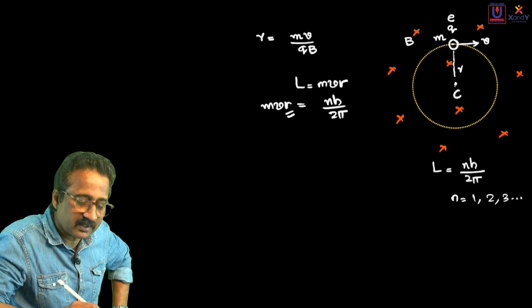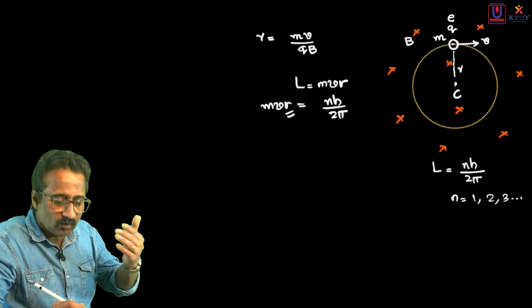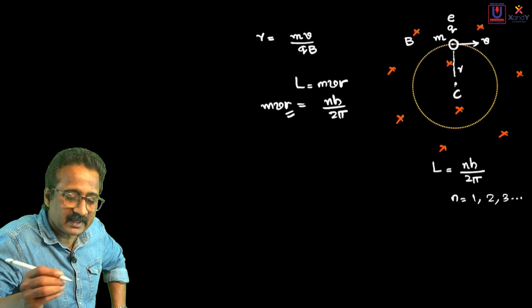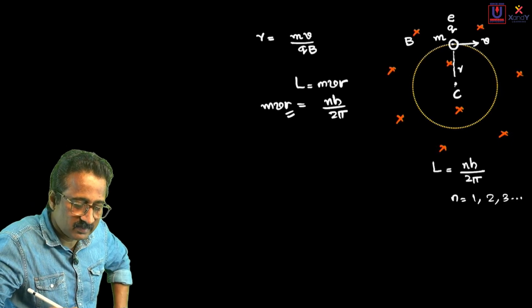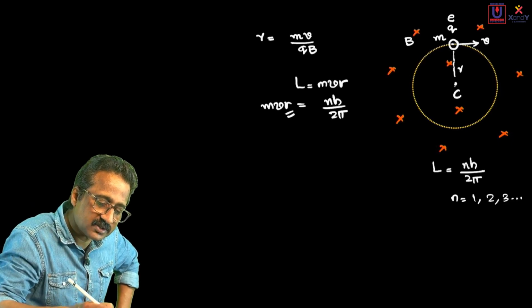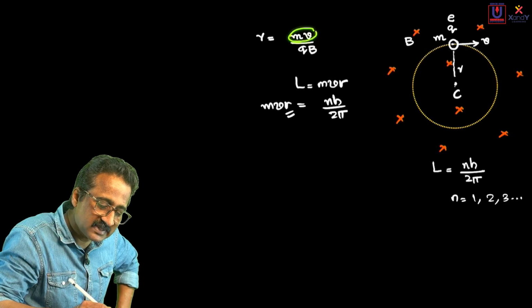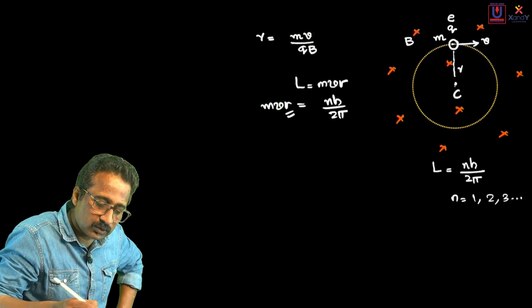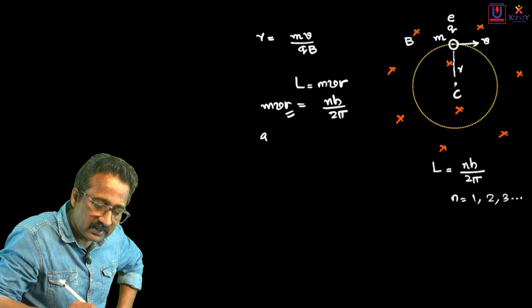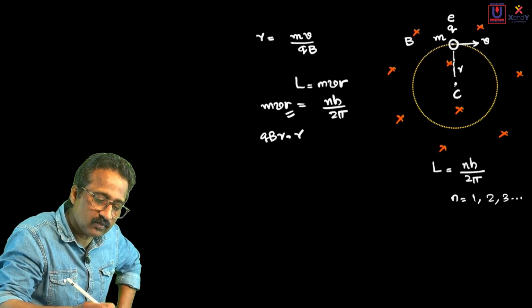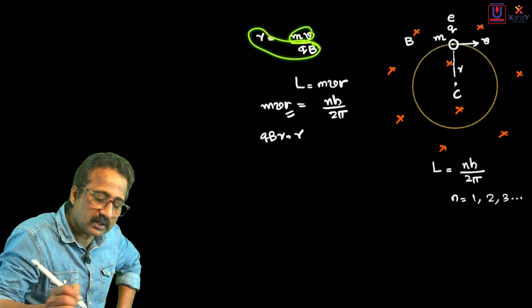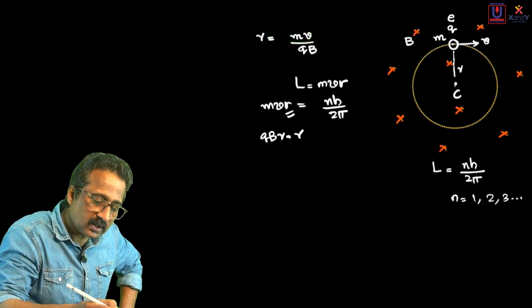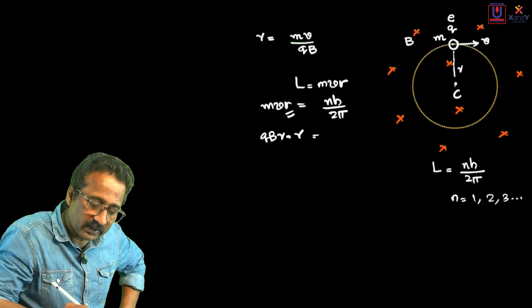They ask you what is r here, and this r must be, of course, in terms of magnetic field B, e and all. So let's make some rearrangements here. Let's substitute for this mv. I can say then mv is equal to, of course, qBr. So I'm writing mv as qBr, into r, which is going to be qBr squared, that is equal to nh by 2 pi.